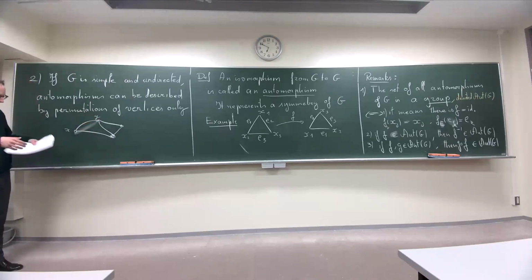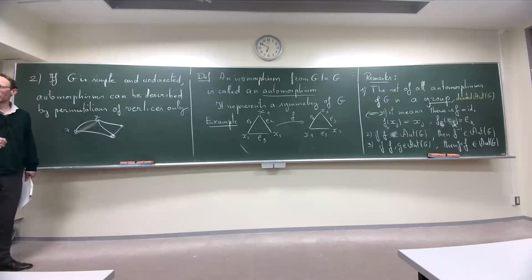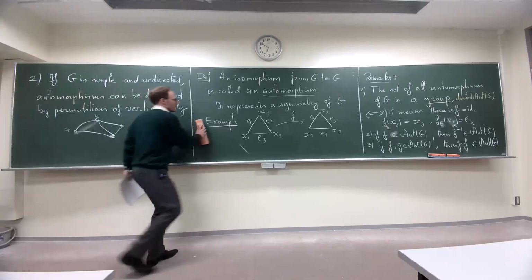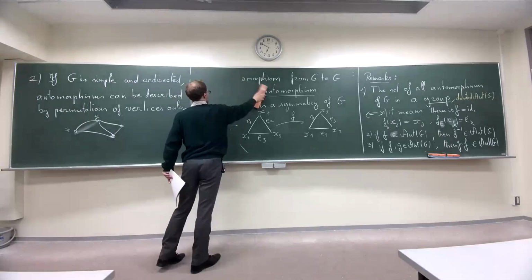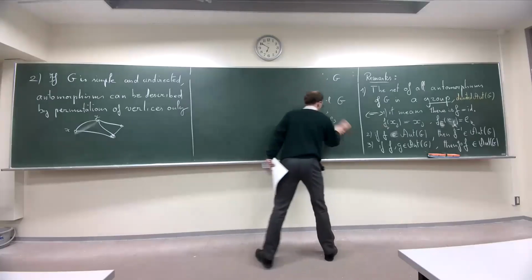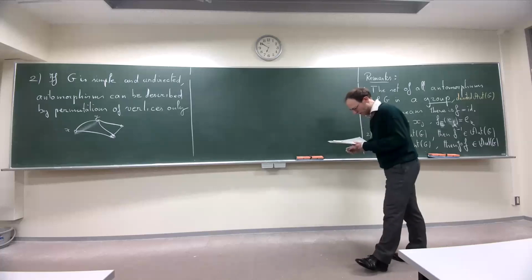In the notes, you have an example of permutations. I just list x1 goes to x3, x2 goes to x5, x3 goes to and so on. If you have this information, you have everything. So in this case, you can describe an automorphism completely by just a permutation of vertices. Think about it. It contains everything. There is an example in the notes. But of course, if you have multiple edges or orientations, you have to be a little bit more careful.